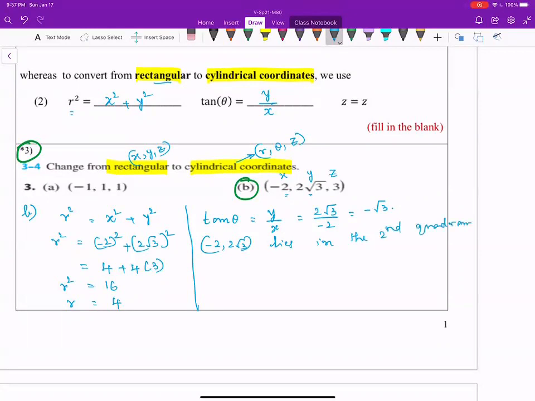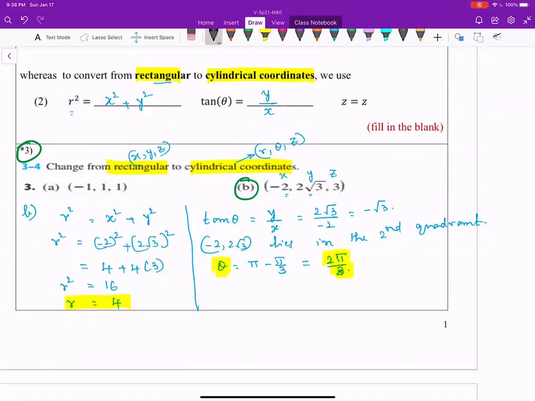So we are going to pick an angle theta in the second quadrant whose tan is negative radical 3. That will be pi minus pi by 3, because the reference angle is pi by 3. So it has to lie in the second quadrant, so it will be equal to 2 pi by 3.